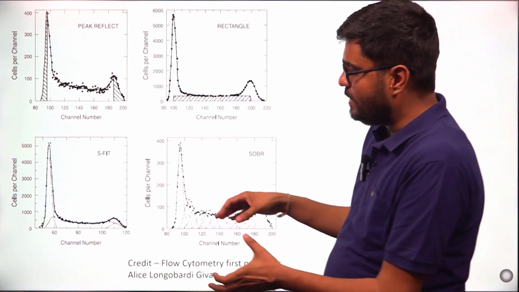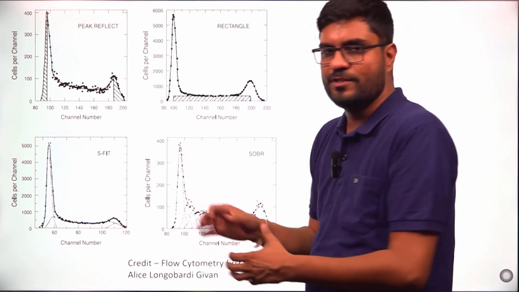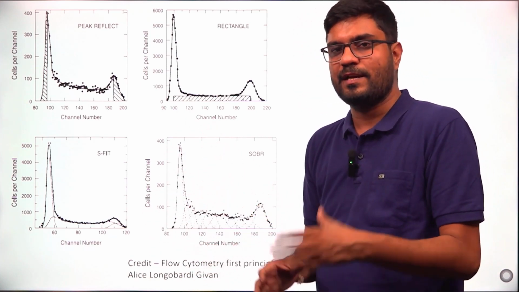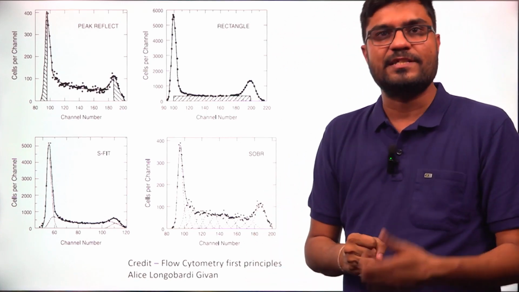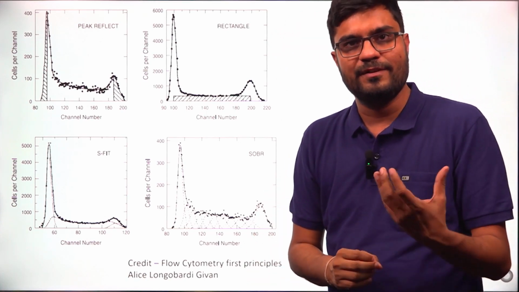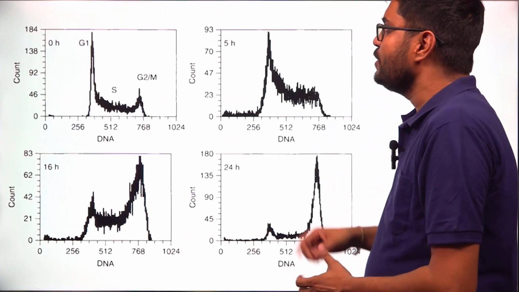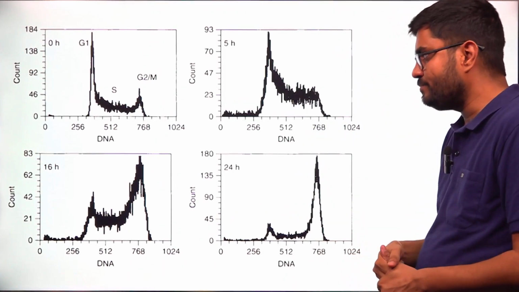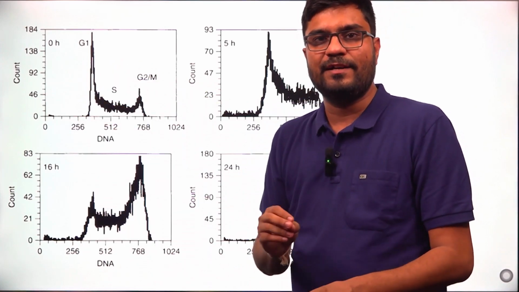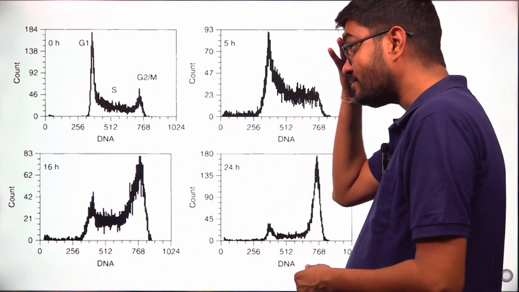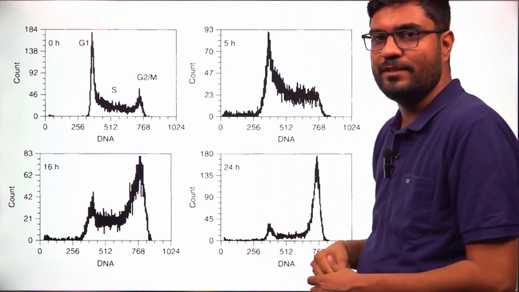Now we take this knowledge of flow cytometric analysis of the cell cycle into the experimental situation where cells are treated with different types of drugs. Here, at 0 hours, cells are given a drug called platinum carboxylate.